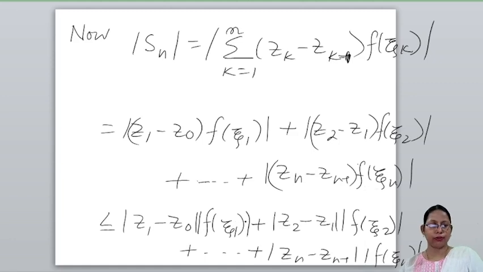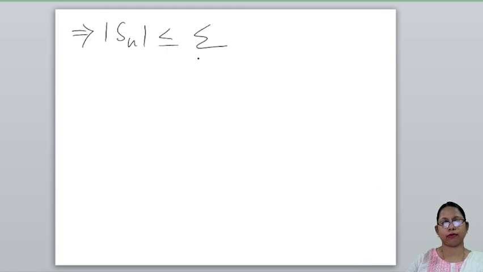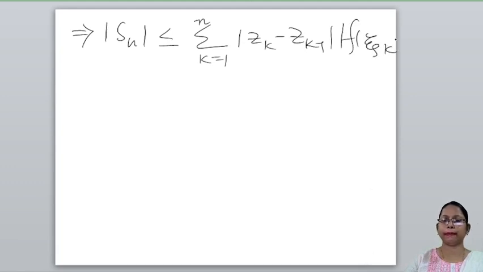In the summation notation, we can write this as the sum over k from 1 to n of modulus of (zk minus zk minus 1) f of chi k.